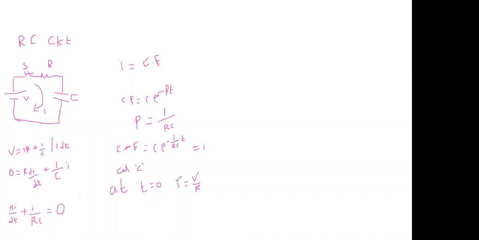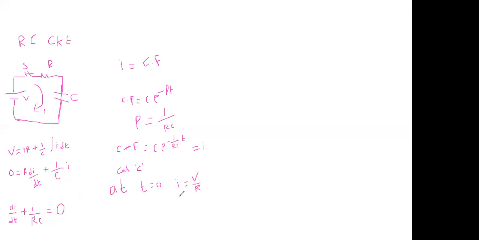When the switch is closed at t equal to 0, the capacitor acts as a short circuit, so the current flowing is I equals V by R.